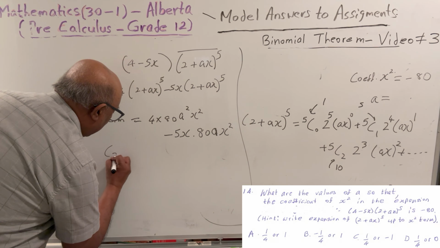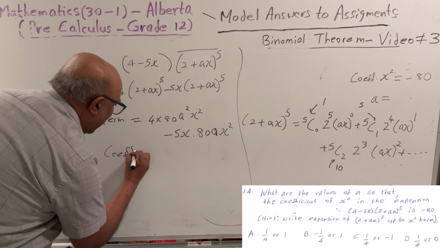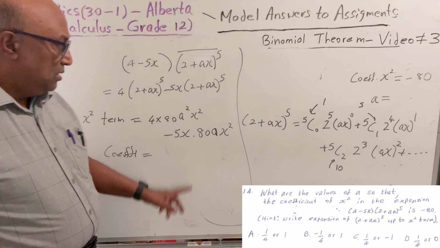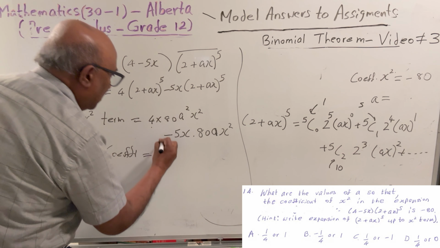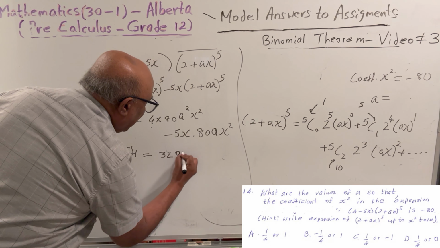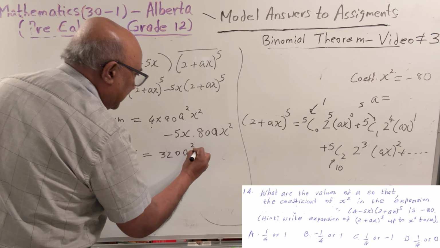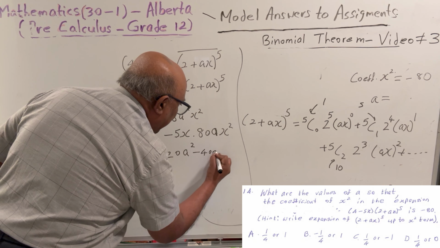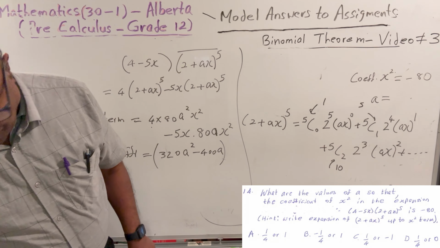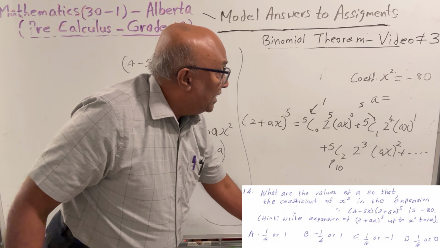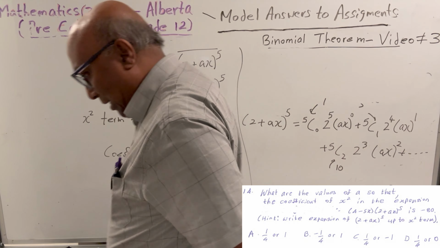Now let's write the coefficient without x, okay? If you write everything without x, we are getting 320a squared minus 5 times 80, 400a. Okay, this is the coefficient. What they are saying is that this coefficient is equal to negative 80.